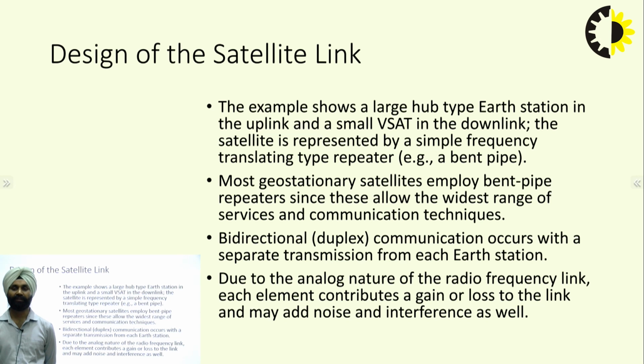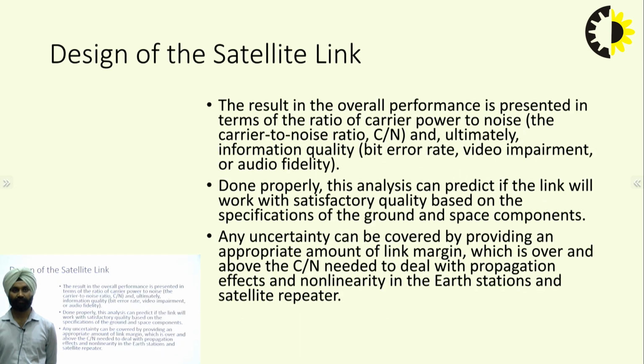Bidirectional communication occurs with a separate transmission from each earth station. Due to the analog nature of the radio frequency link, each element contributes a gain or loss to the link and may add noise or interference individually. The result of overall performance is presented in terms of the ratio of signal to noise, temperature or power.